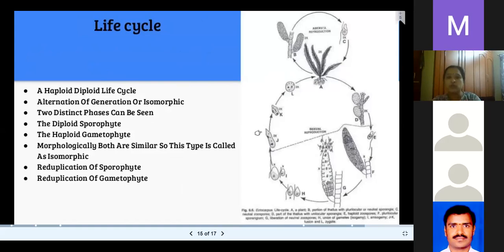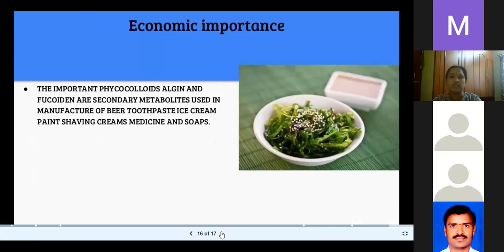Here you can observe two phases: one is the diploid sporophyte and the second is the haploid gametophytic stage. Morphologically similar but physiologically dissimilar. That is the physiological anisogamy present in this sexual reproduction. So this type is called an isomorphic life cycle. Both sporophytic and gametophytic reproduction are present in this life cycle.